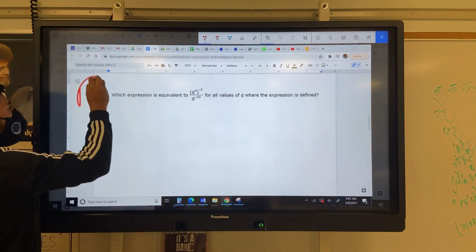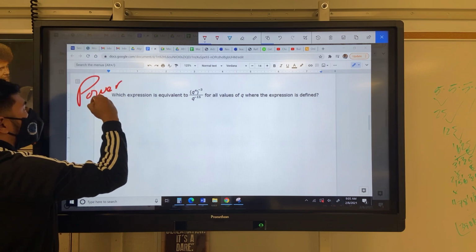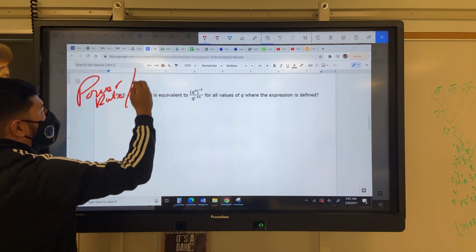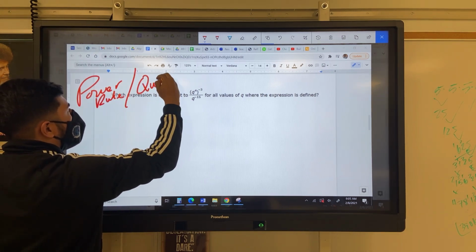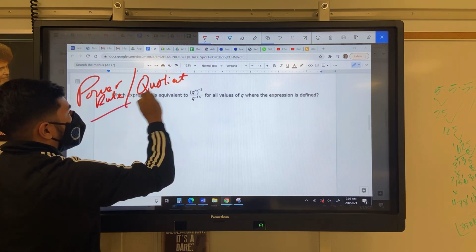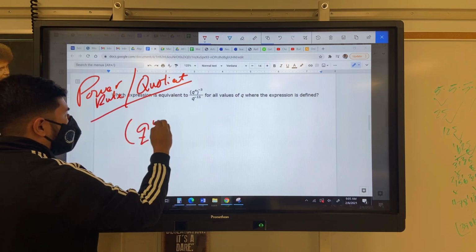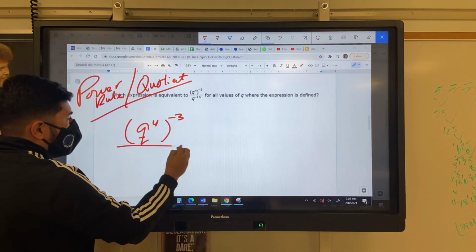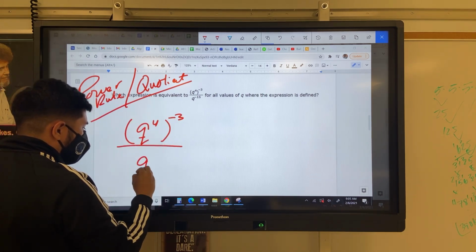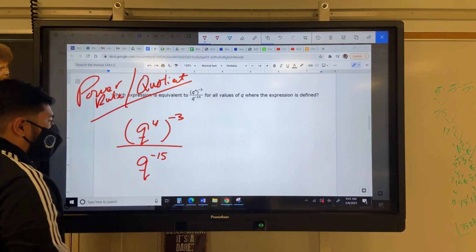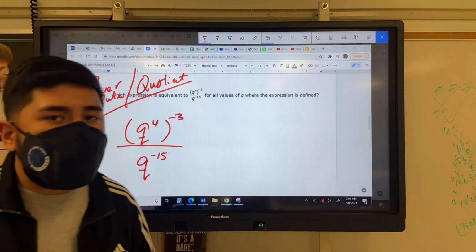Right here we got power rule and quotient. So we got two rules back to back. Q to the 4, to the -3, over Q to the -15. Power rule states we play with the coefficients.